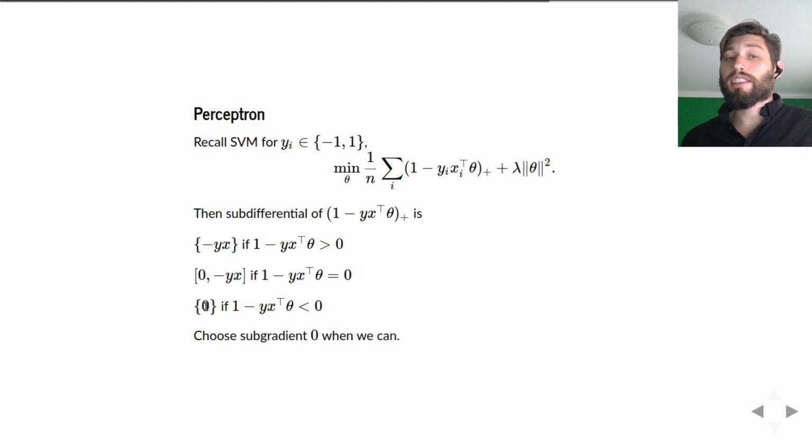Okay, and then it's 0 if 1 is equal to y times x transpose theta. If this is negative, I'm not sure if this would ever happen in this case, but yeah, this could be negative, then you would just switch the order of these intervals. So it's whatever numbers are between 0 and minus y times x.